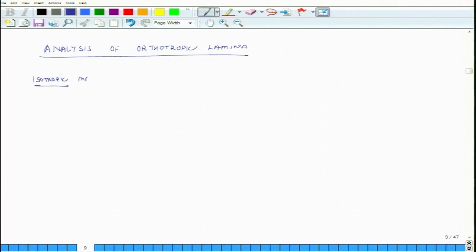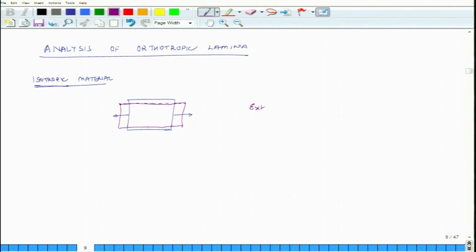For such a material, if I pull it, if I only apply an extensional force on it, then it becomes longer and also becomes thinner or slimmer. So this is the response.